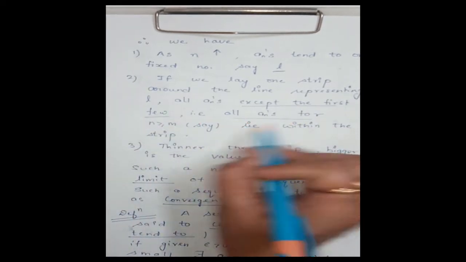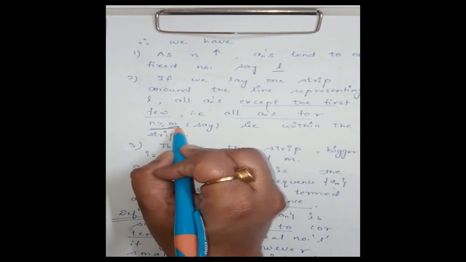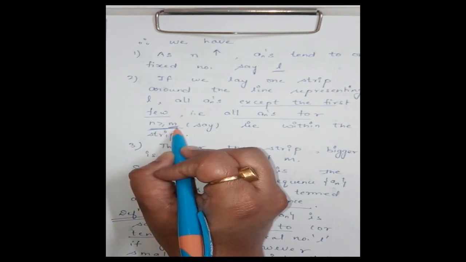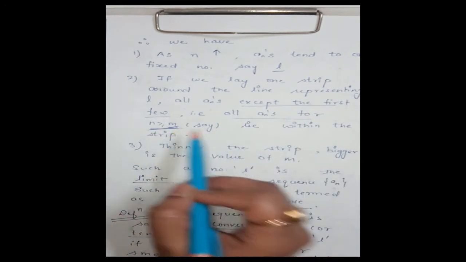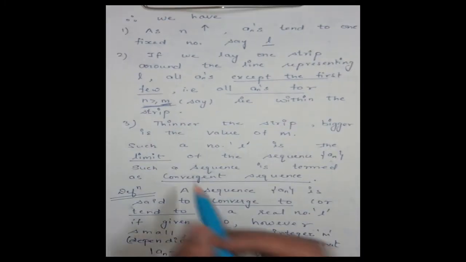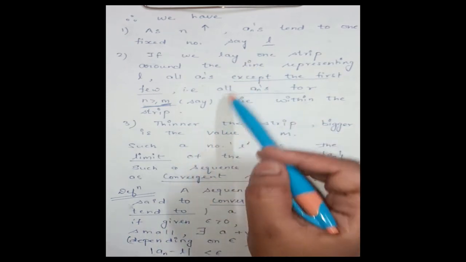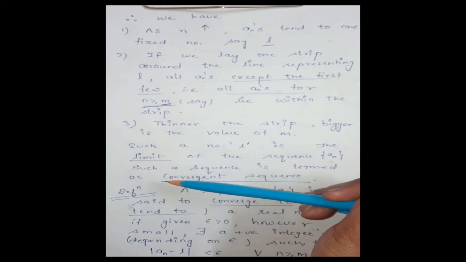That is, all a_n for n greater than or equal to M lie within the strip. In the first graph M was 2, and in the second graph M was 9. And third, the thinner the strip, the bigger is the value of M. These 3 points we have obtained from those two graphs.